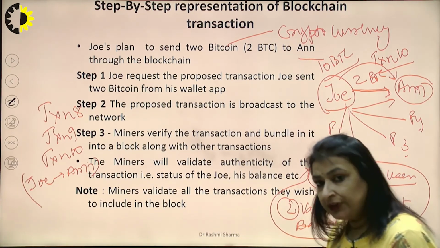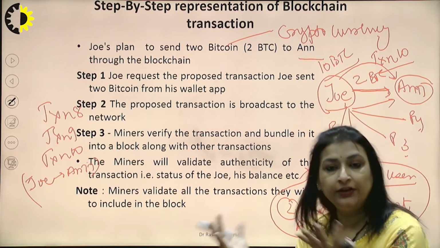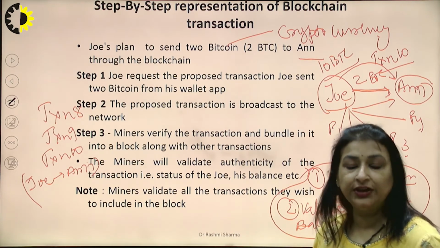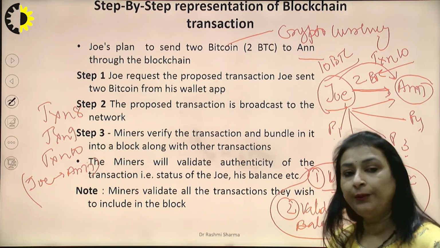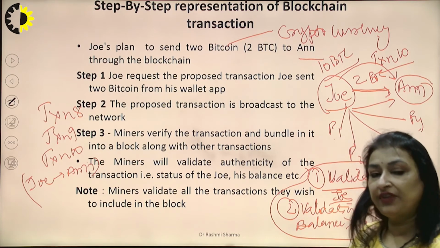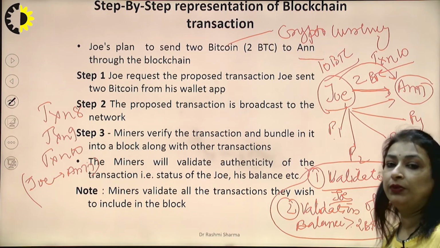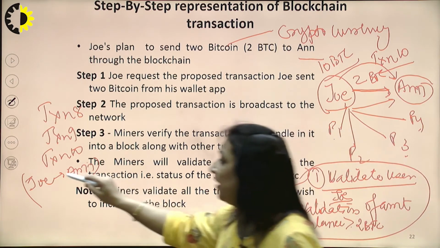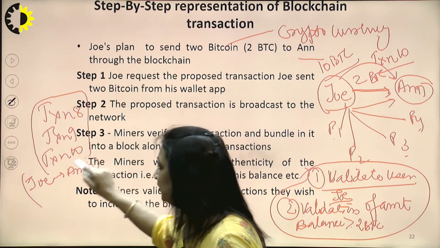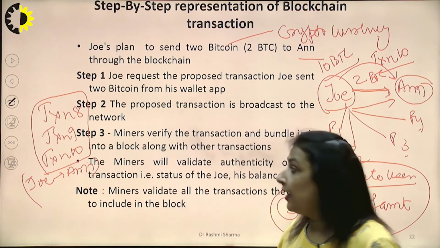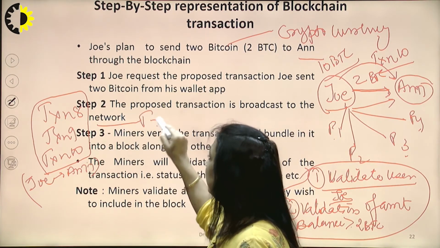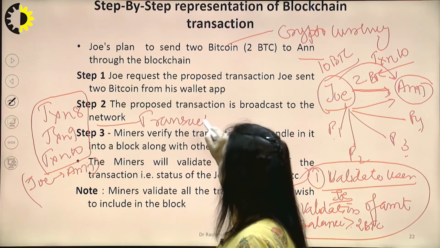Along with the old transactions, because we need a sufficient amount of transaction data to bundle into a block, we cannot make a single block for each and every transaction. Obviously, that would be a big blockchain in a normal way. So we can have all these 3 transactions bundled together as the transaction data of that particular block.